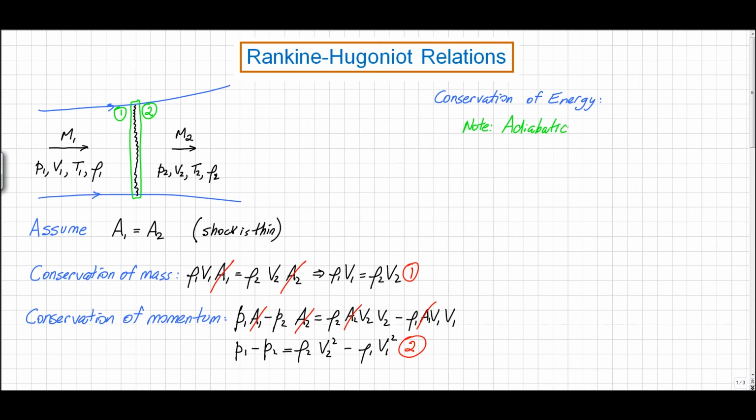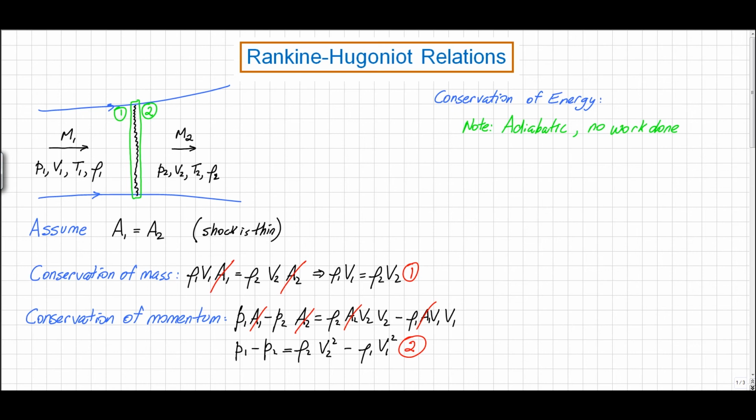Adiabatic means there's no heat addition or heat removal. And we'll also say that there's no work done either on the flow or by the flow. So that's going to make our conservation of energy quite simple. We're saying that the energy of the flow coming in must equal the energy of the flow going out, because we're not doing anything to it in the meantime.